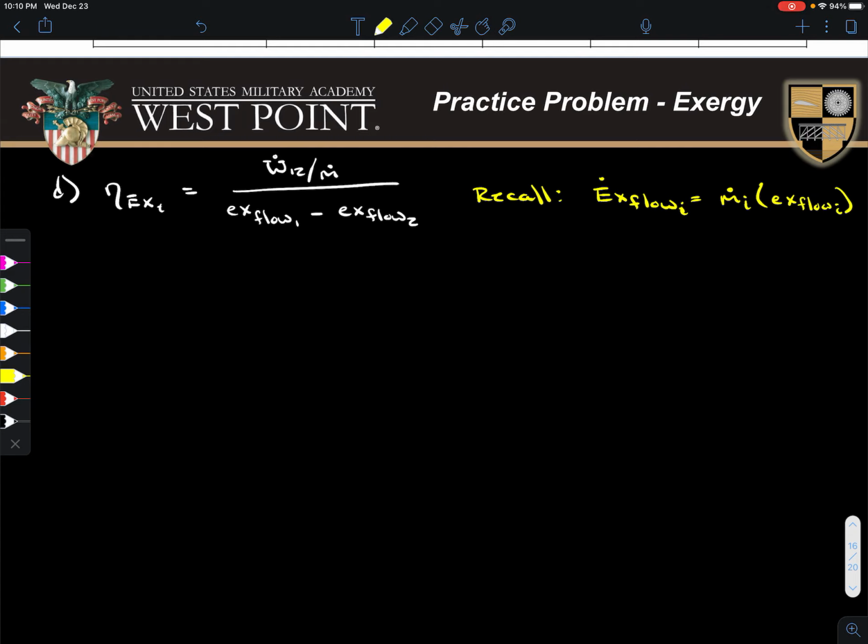So our specific exergy is this small ex, and our overall exergy, or total exergy, which would have units of kilojoules, is listed here on the left, and our specific exergy would be kilojoules per kilogram. And I should actually write this, I miswrote this.